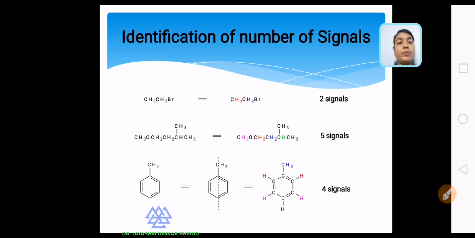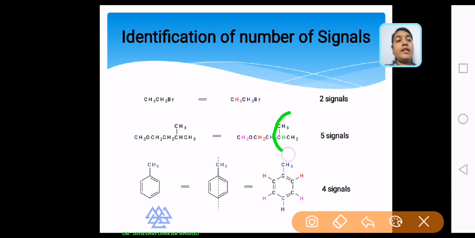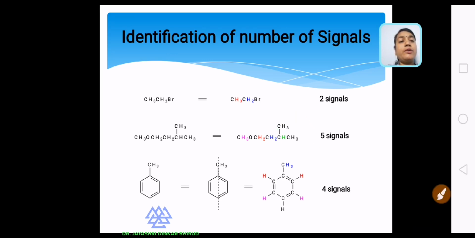Example number 2. In this, many types of protons are present: CH3, CH2, CH2, CH, CH3, like that. First of all, we look at the CH3, CH3. Both of these CH3 are in the same chemical environment. What is meant by the same chemical environment?